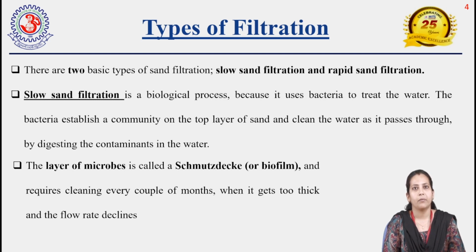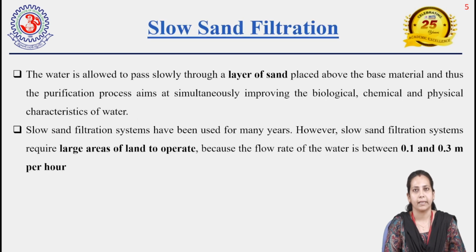That layer of microbes is called the schmutzdecke layer, or in short, biofilm, and it requires cleaning every month, whenever it gets thick after many days. So this slow filtration is not advisable as a filtration process, because due to this biofilm, the flow rate may decline.